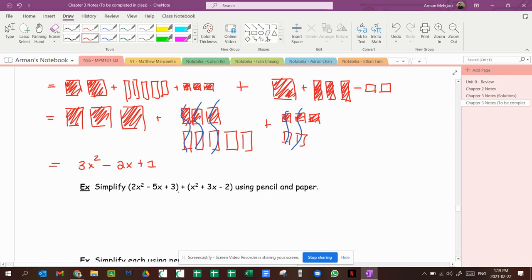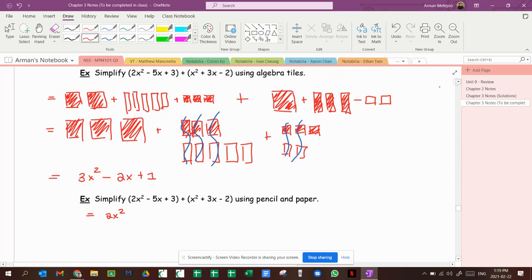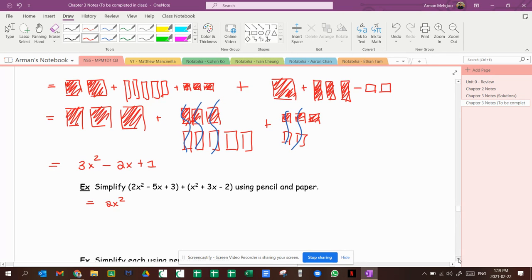Now they're asking me to simplify it using a pencil and paper, so numbers and no algebra tiles. So I'm going to do the exact same thing. I'm just going to get rid of my brackets. So you see up here in this first step, I didn't have any brackets around both of my equations, even though I was using algebra tiles. No brackets. I'm going to do that exact same thing here. I'm just going to get rid of my brackets, and that way I can group up my like terms.